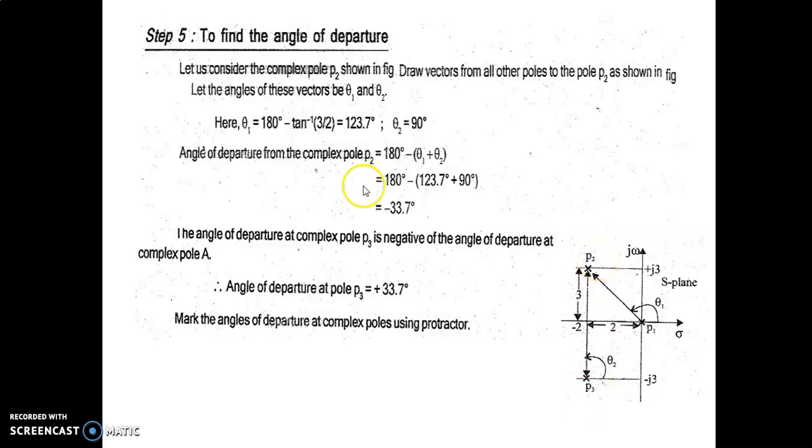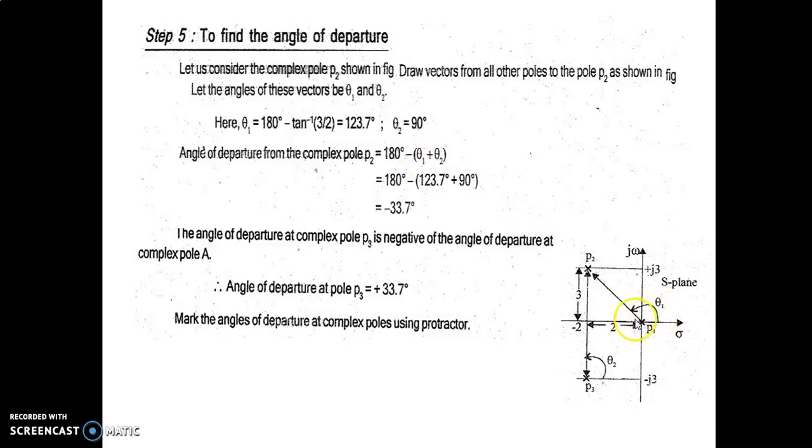Angle of departure from the complex pole at P2 is 180 minus the sum of the remaining pole angles, theta 1 and theta 2. We don't have other zeros, that's why we are not mentioning them here. So we need to find theta 1 and theta 2 from this figure.